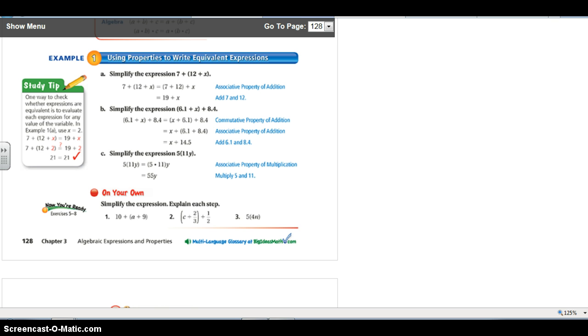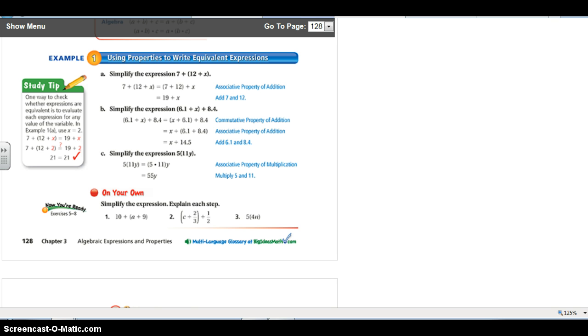All right, let's go back to B. What they did to use the commutative property of addition is they changed around the numbers and the variable in the first example. That's possible because you're dealing only with addition in this problem.